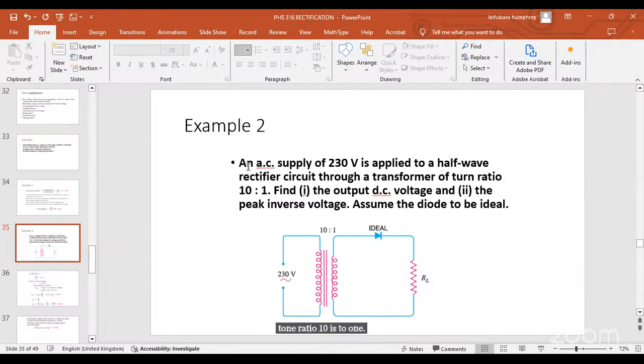Find 1, the output DC voltage, 2, the peak inverse voltage. Assume the diode to be an ideal diode. So you have the supply voltage given, you have the turn ratio 10:1, and you have to find the output DC voltage and the PIV.